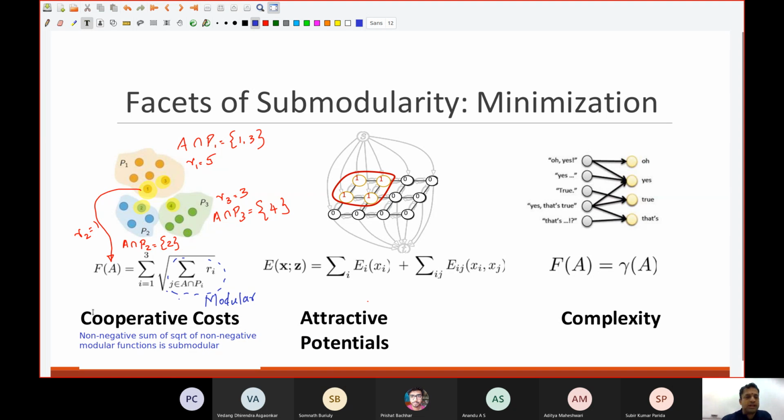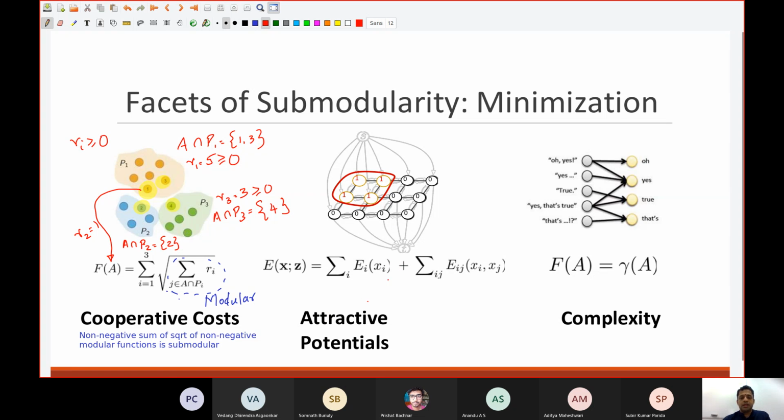Okay, so it's important to note that each of these Ri should be greater than or equal to 0. Ri should be greater than or equal to 0.